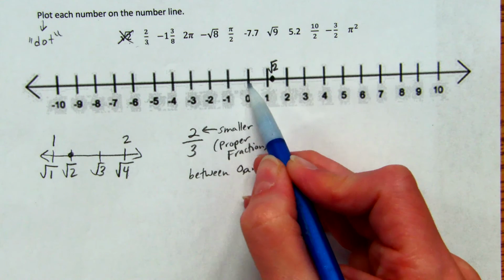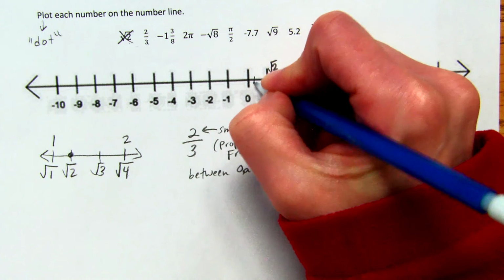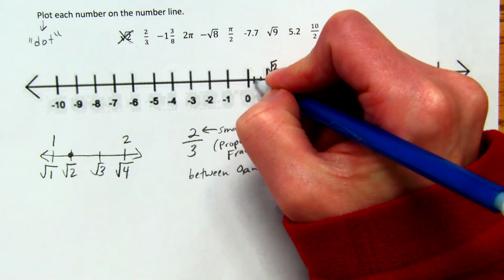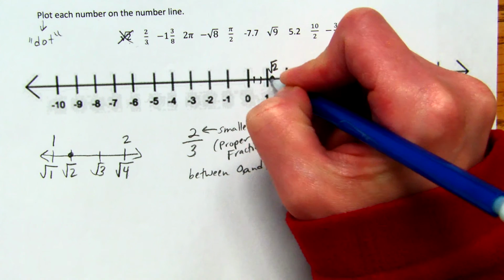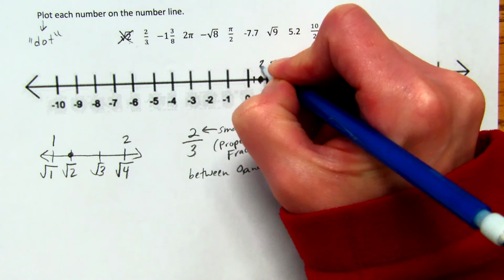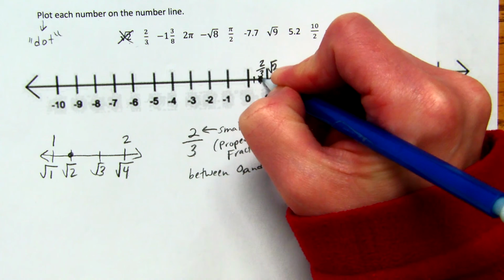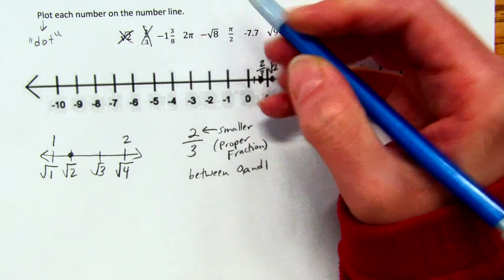So here's 0, here's 1. If I broke it into 3 pieces like this, this would be 0/3, 1/3, 2/3, and then 3/3 would be over here. So this is where 2/3 would go, a little closer to the 1 than to the 0.